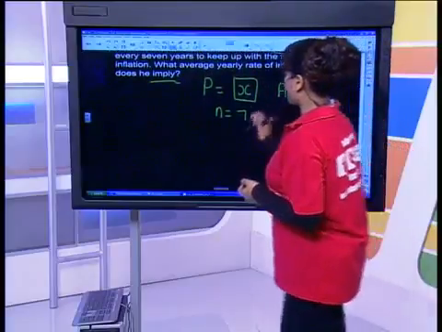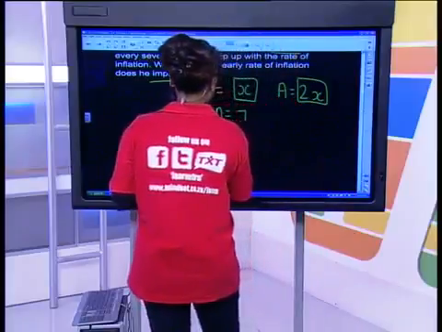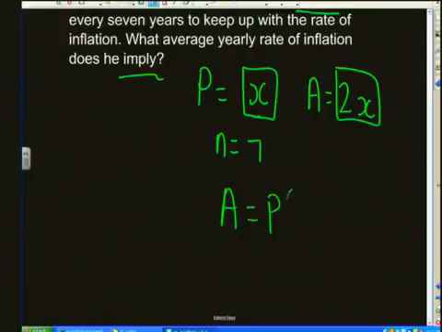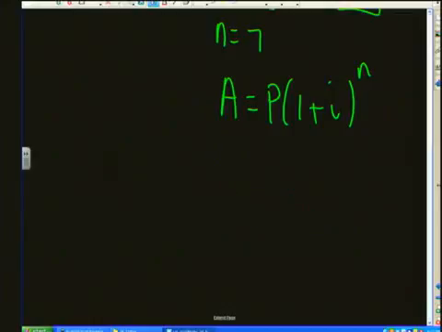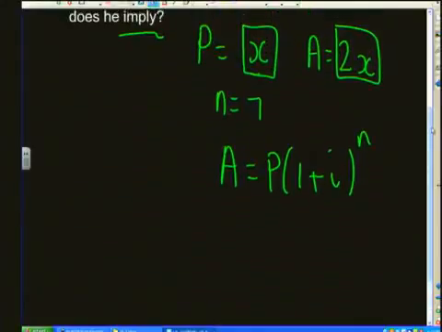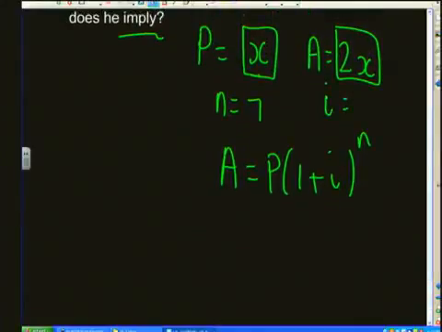So the formula we're going to be using is A is equal to P times 1 plus I to the power of N. And the variable we're looking for is I. The final amount is going to be 2 times whatever the original amount was.